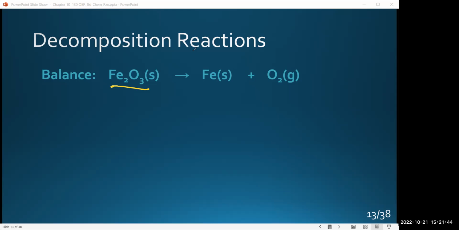Anybody want to give a shot? Okay, well, let's give it the base name. Okay, so we know it's iron and it's oxide. Okay.